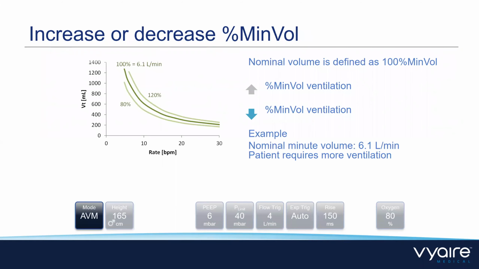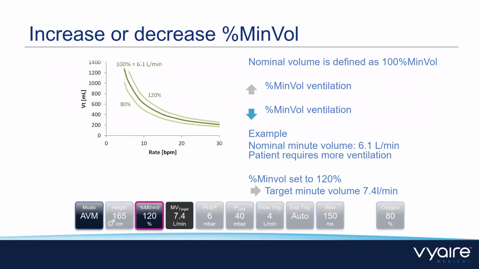So what do we do if we have to increase or decrease the minute volume ventilation? We just have the 6.1 liters. And now we need, for example, 20% more. We're just telling the system, okay, I need more minute volume, and I adjust 20% higher than before, which results in 7.4 liters now. And now AVM is just recalculating. Maybe the tidal volume will go up a bit.